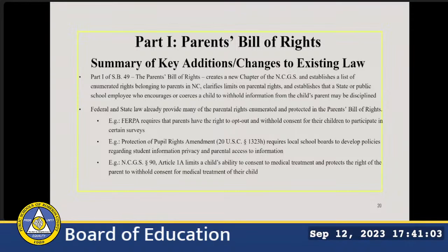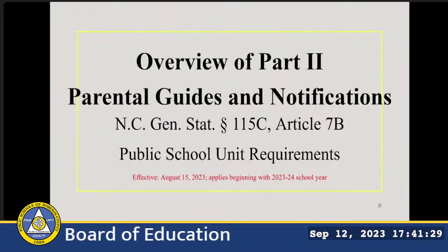The PPRA, the Protection of Pupil Rights Amendments, requires local school boards to develop policies regarding student information, privacy and parental access to information. And then we've got Chapter 90 of the general statutes that limits a child's ability to consent to certain medical treatment and protects the right of the parent to withhold consent for medical treatment of their child. So those are some things that are already addressed in the law.